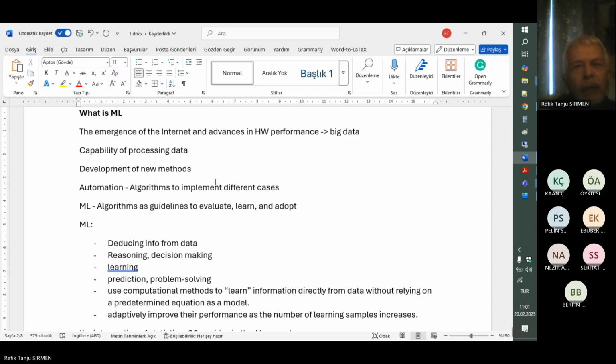Then what's the need? The need is deciding what data to collect and also the way to process it, right? To produce that output.